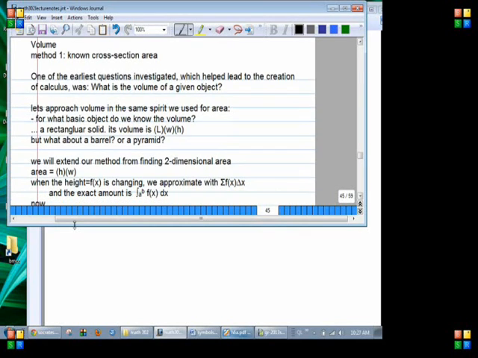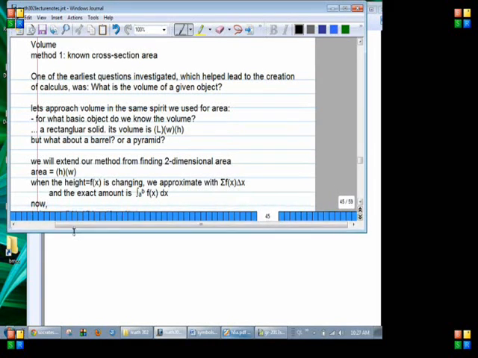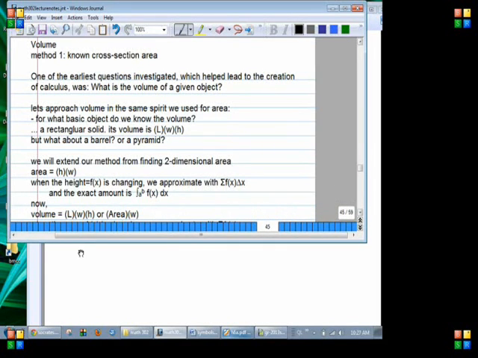Okay. So now let's extend that to 3 dimensions and 3-dimensional volume. Volume is length times width times height. Now, in order to make this nice and general, I'm going to simply say this is the same as area times the width.